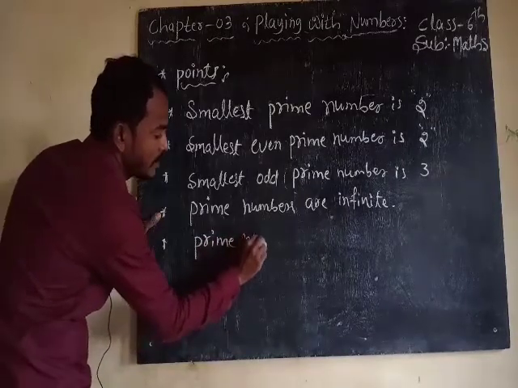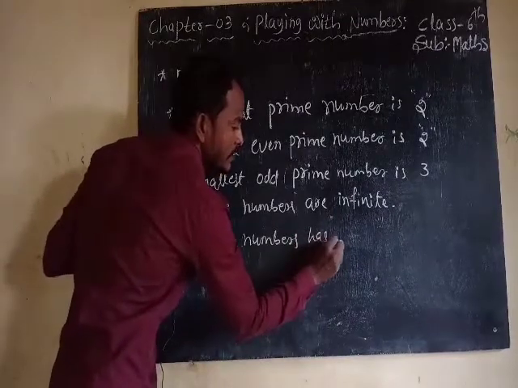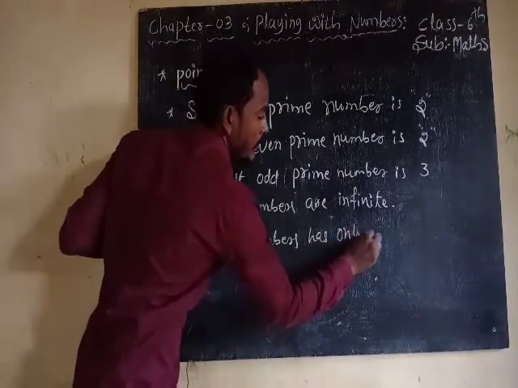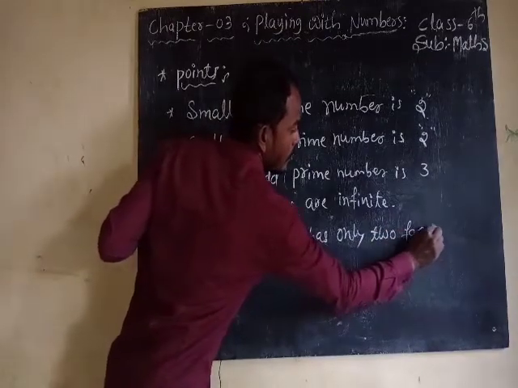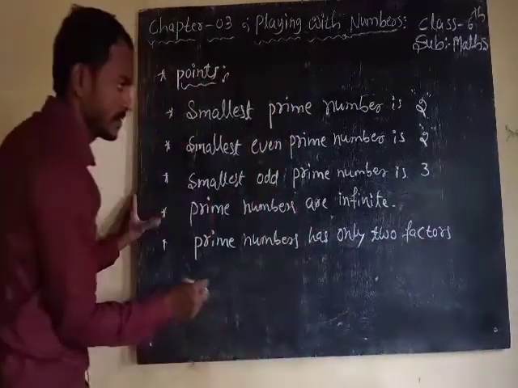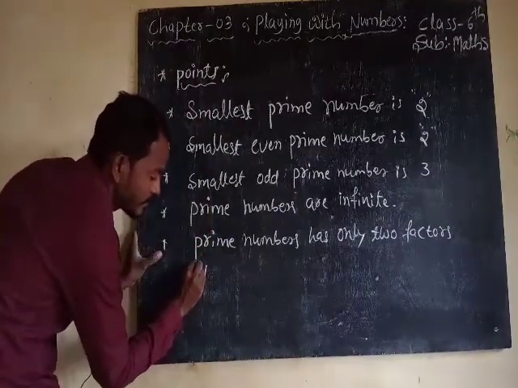prime number. A prime number has only 2 factors. Only 2 factors.